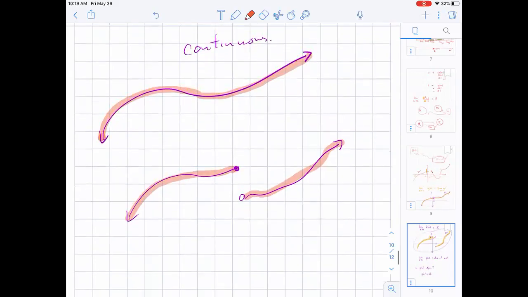So this is not continuous, meaning the graph is discontinuous. The word for not continuous is discontinuous. Make sense? If something is not continuous, it is discontinuous.